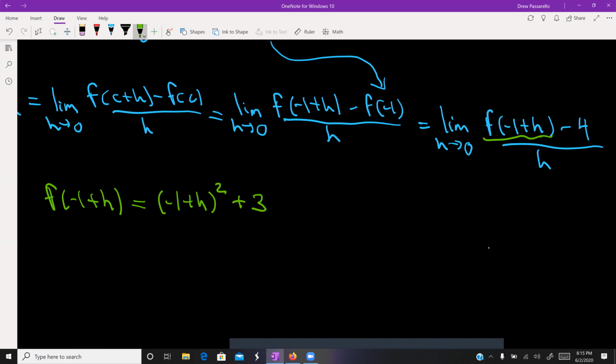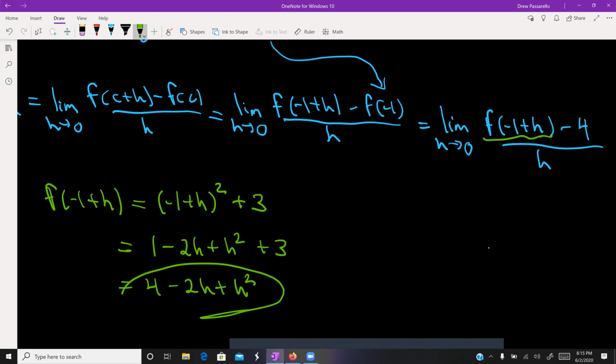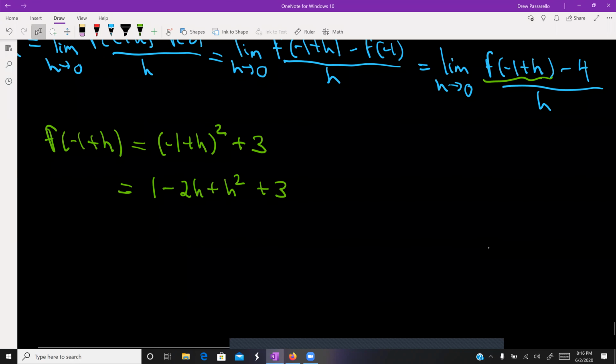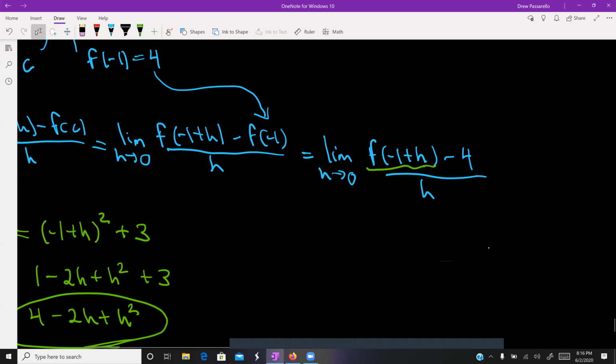You can expand (-1 plus h) squared, and that's going to be 1 minus 2h plus h squared, and then I have the plus 3. I combine 1 and 3 to make 4. That's pretty much the furthest I can go with the expansion, and that's what I've plugged in for f of -1 plus h.